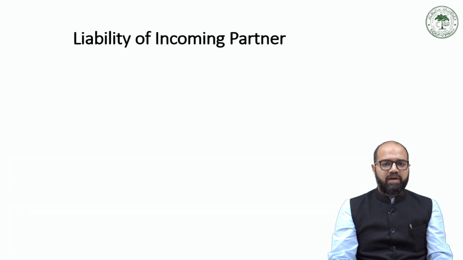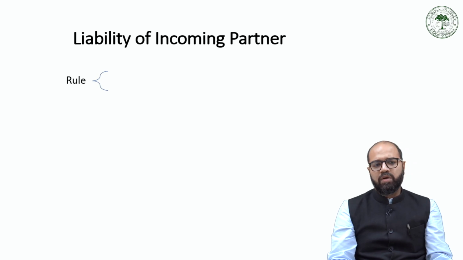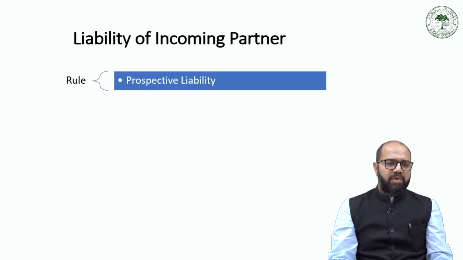Now we will be discussing the liability of an incoming partner. So when the new partner joins the partnership firm, he gets certain rights, but he also gets certain liabilities. Let us discuss these. So as a general rule, the liability of an incoming or new partner is prospective.